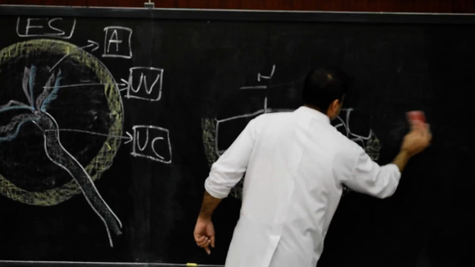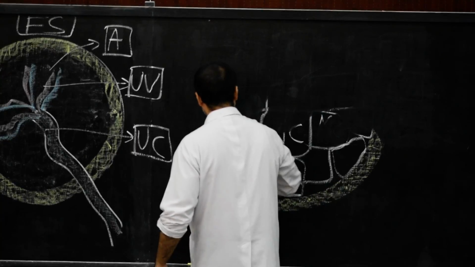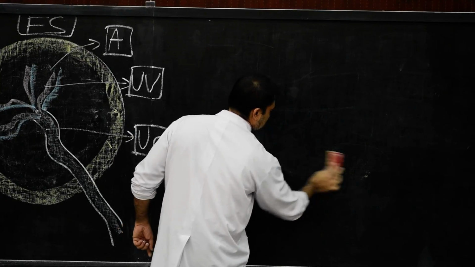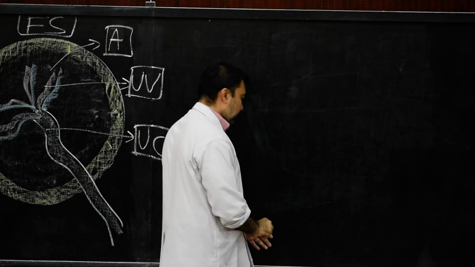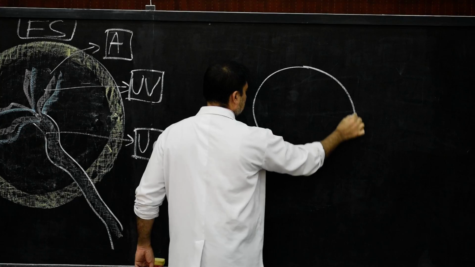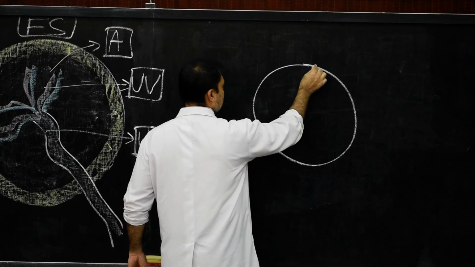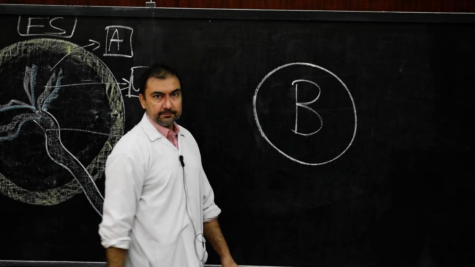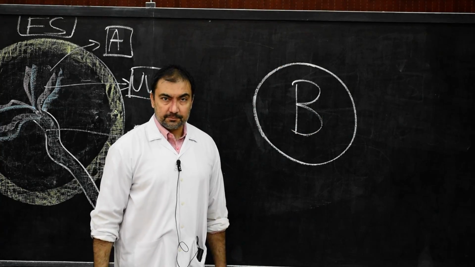If we recollect the stage after implantation, from the second to third week, if I draw here, let us assume this will be our blastocyst. I will just write blastocyst after implantation.